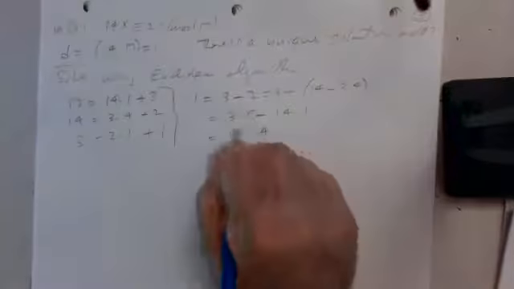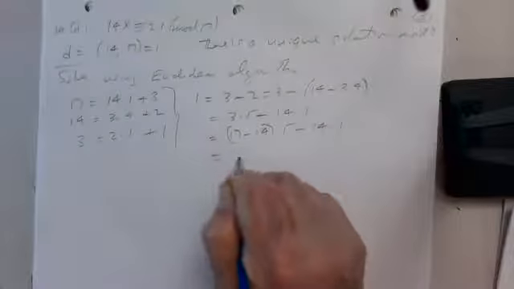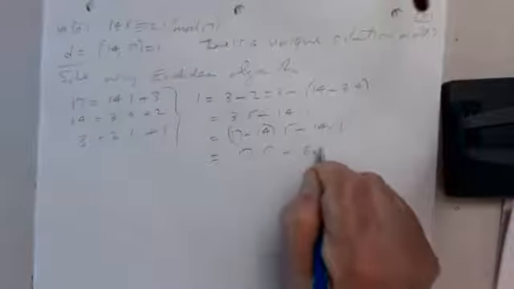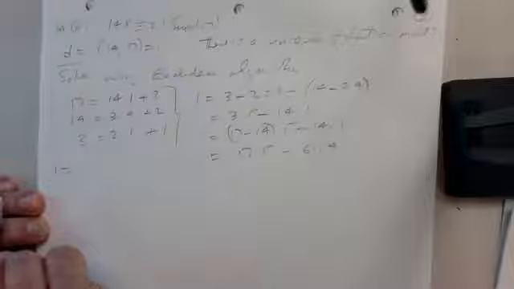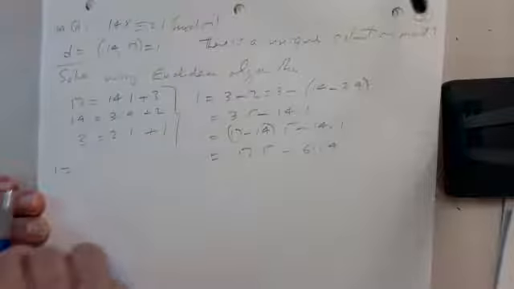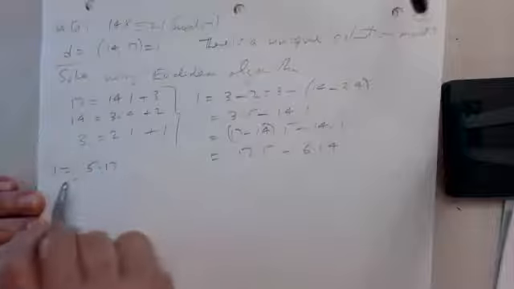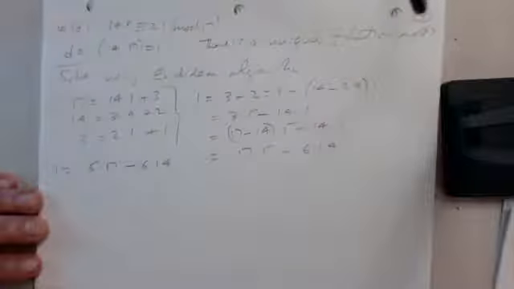But 3 is 17 minus 14, so this is 17 times 5 minus 6 times 14. So we have this expression, 1 is the following linear combination of 14 and 17. This is 5 times 17 minus 6 times 14.